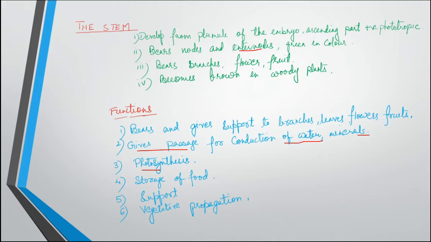They also perform photosynthesis because they are green in color, and in some plants they are totally modified for photosynthesis, especially in xerophytic plants where leaves are modified into spines. They also help in the storage of food material. They give support to the plant, and like roots, they also help in vegetative propagation. That means they give rise to a new individual plant.